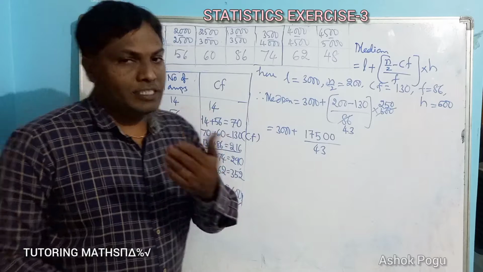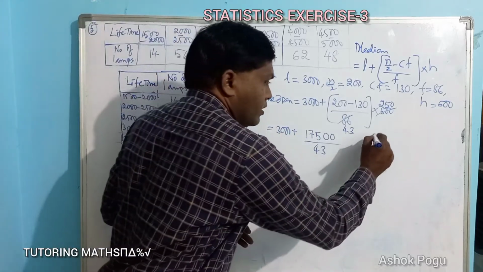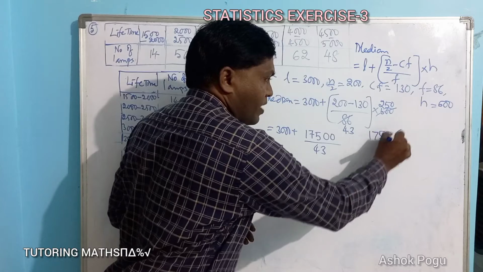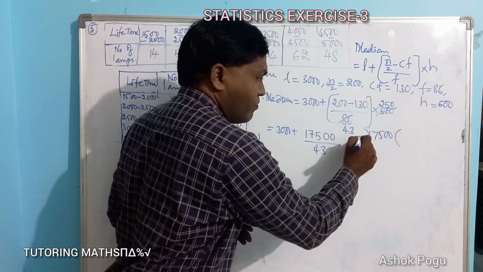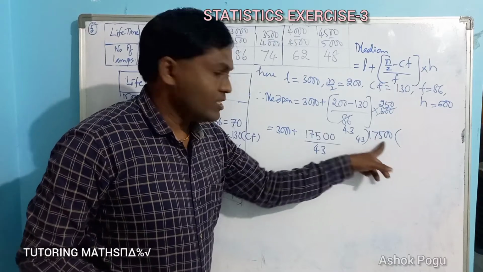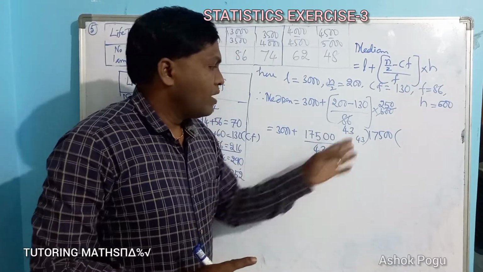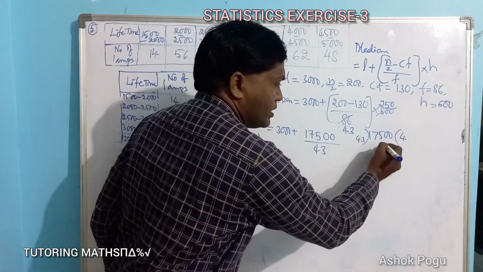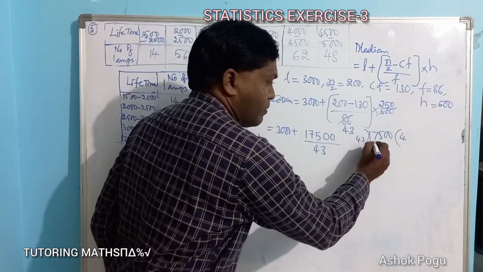Convert into decimal form. As you know, the division: 17,500 should be divided by this 43 table. First of all, take the first 3 digits, 43 table. The nearest value is 4. You can take 4. 4 threes are 12, 4 fours are 16 plus 1, 17.